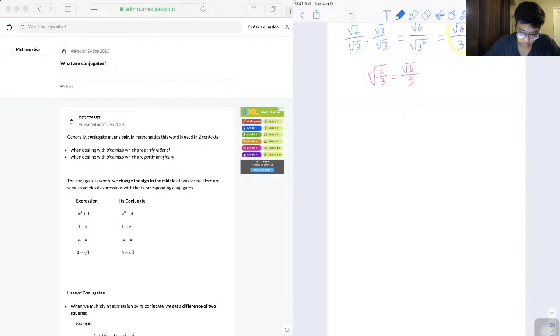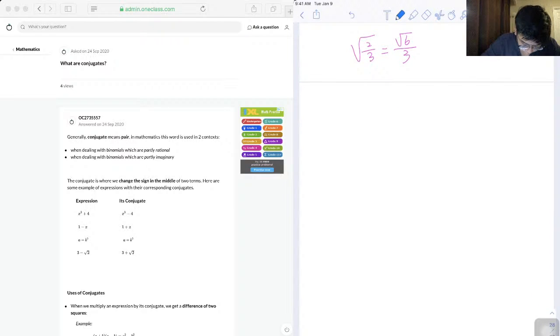Right. So our next question is asking what are conjugates. So conjugate in mathematics, this word is used in 2 contexts.